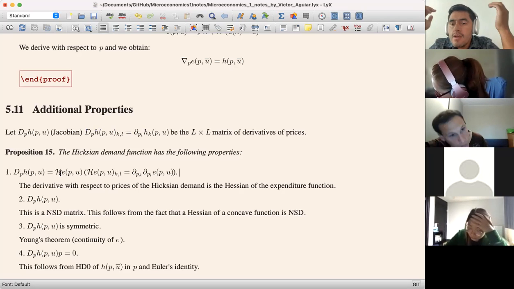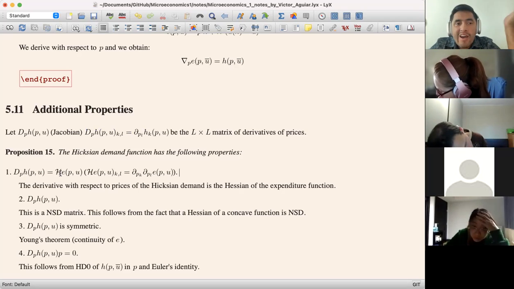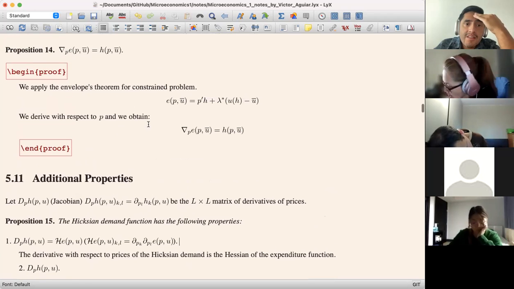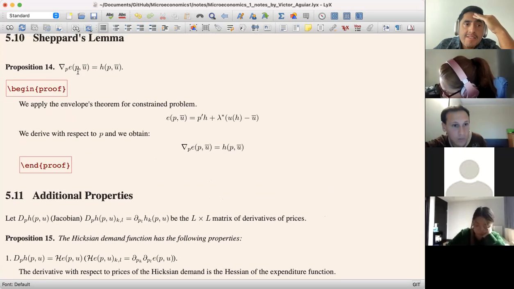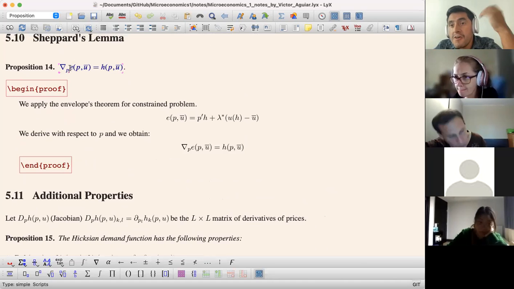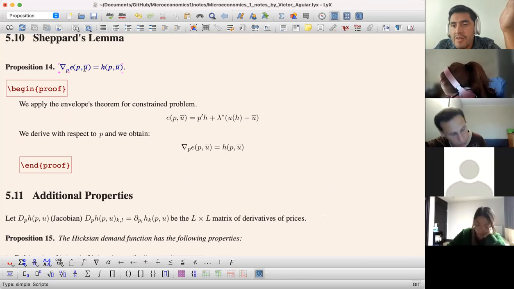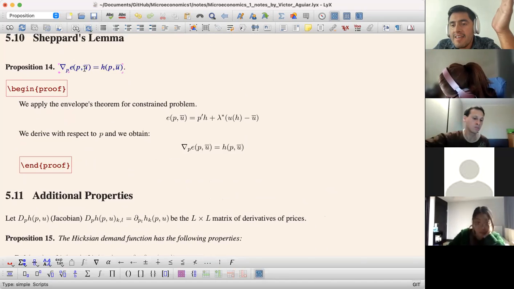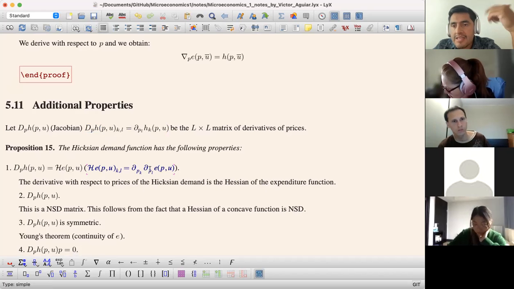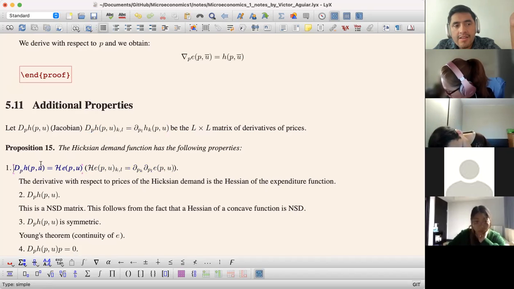Now, why is this the case? How do I know that property 1 holds? Well, go back to Shepard's lemma. It tells me that the Hicksian demand is nothing else than the vector of first derivatives of the expenditure. So if I take this and differentiate it once again, I obtain the Hessian, but that is no other operation than taking the Jacobian of the Hicksian.